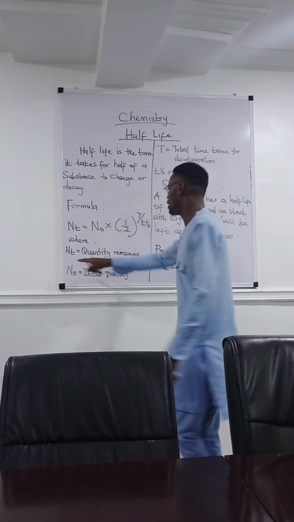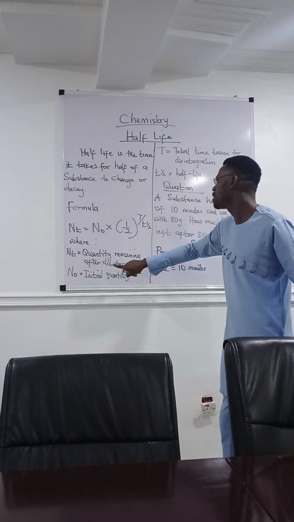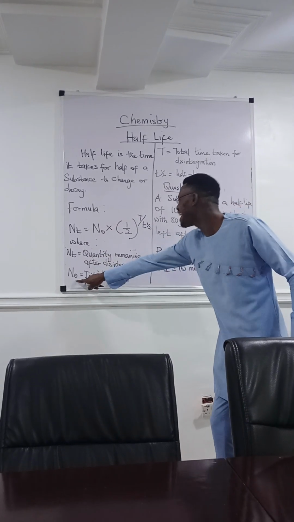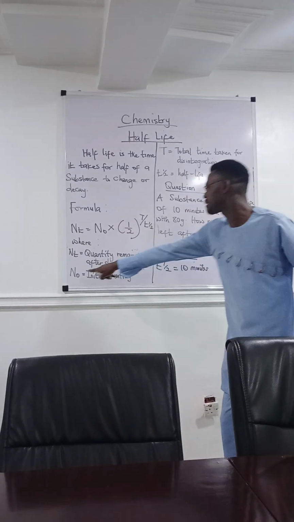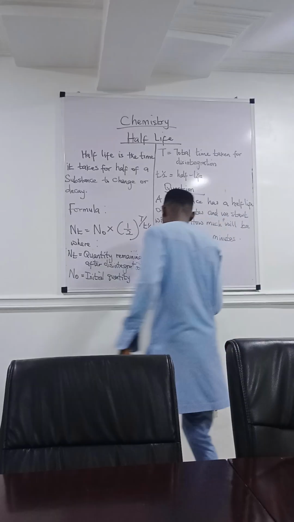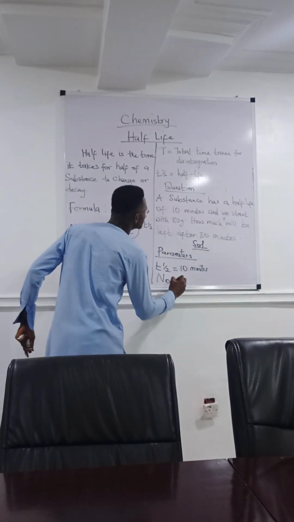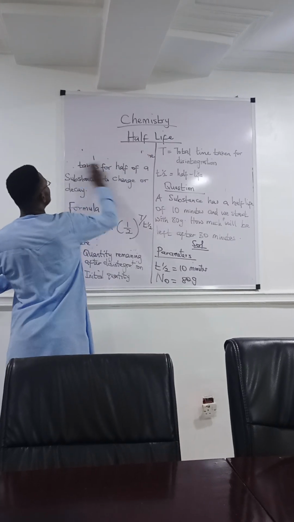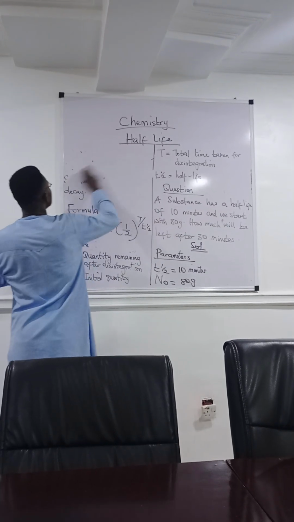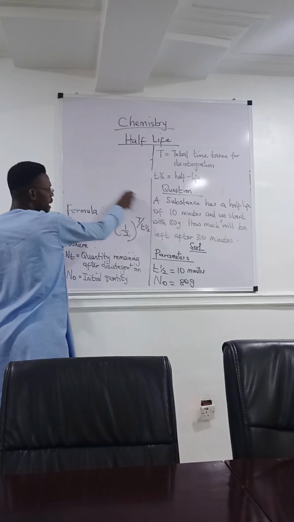Now remember, Nt is the quantity remaining after disintegration, N0 is the initial quantity. So initial mass is N0. In this question, my N0 is equal to 80 grams.